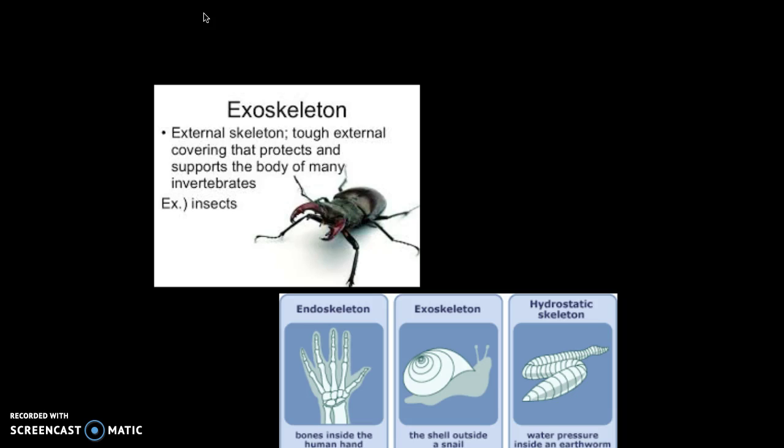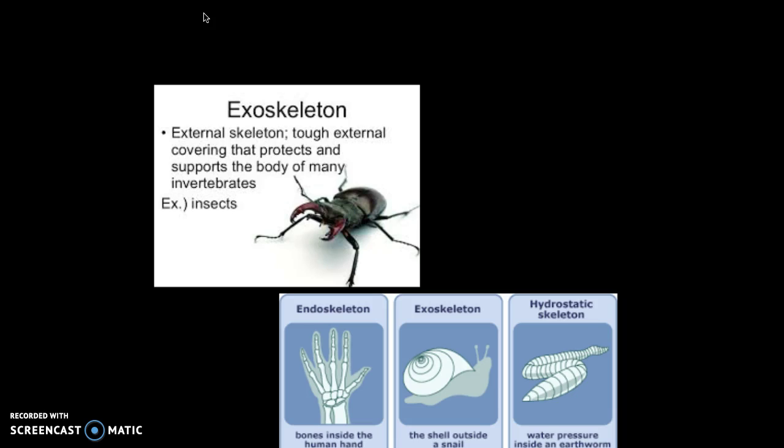They are found in other animals as well, like arthropods. An example of an arthropod can be a lobster.